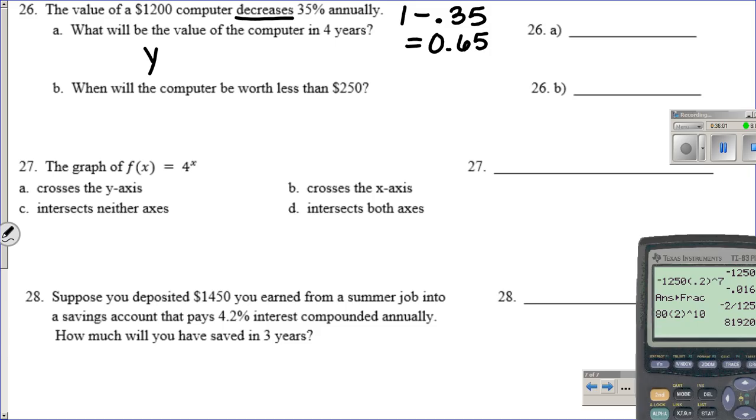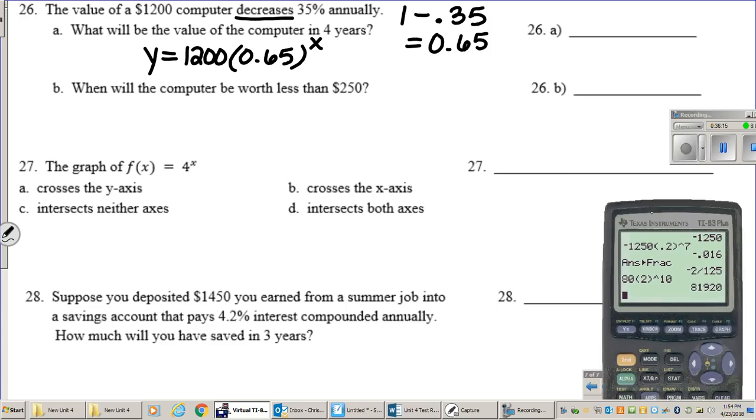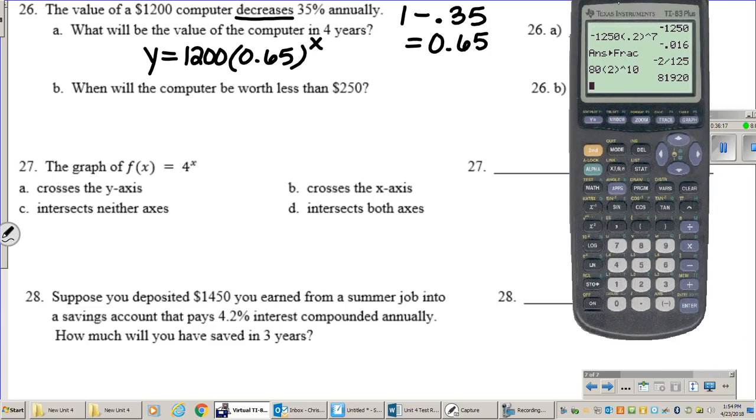Now the computer's value starts out worth 1,200. It's now only worth 65%. And we're going to just put an x for the exponent so we can type this into our calculators. So if you go to y equals, we type the equation in, 1,200 times 0.65 raised to the x power.